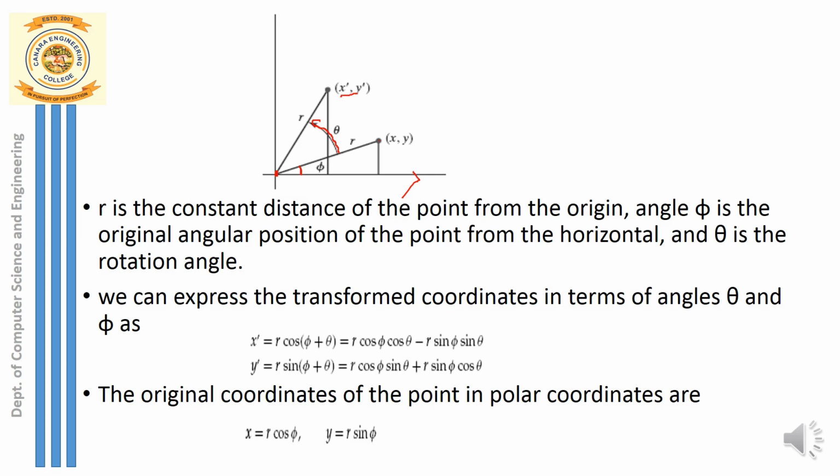But what didn't change even after rotation? It is this fixed point. That is why I call this a fixed point, which will not change even if you perform rotation about any desired angle. Here I have taken this reference point as the origin, and this point remains the same even after rotating the object. So let's see now how to represent this in the form of an equation.